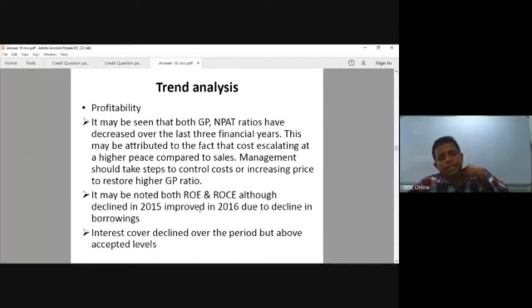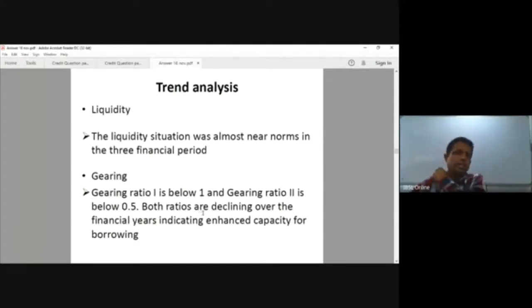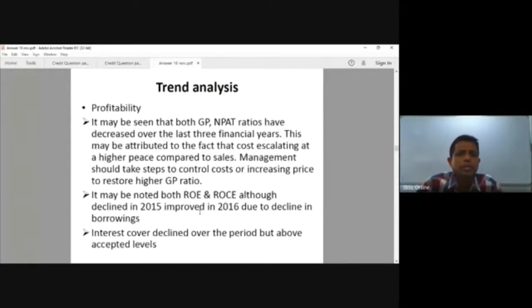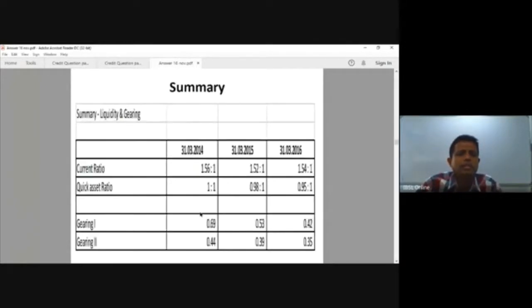Right. We discussed profitability, then we'll go to liquidity. Under liquidity, the liquidity situation was almost near norms in the 3 financial periods. We'll go to the liquidity sheet here. Current ratio, the normally acceptable norm is 2:1, and quick asset ratio 1:1.